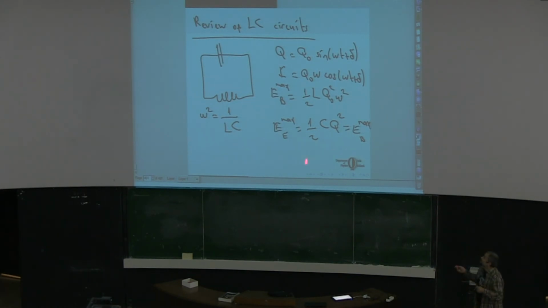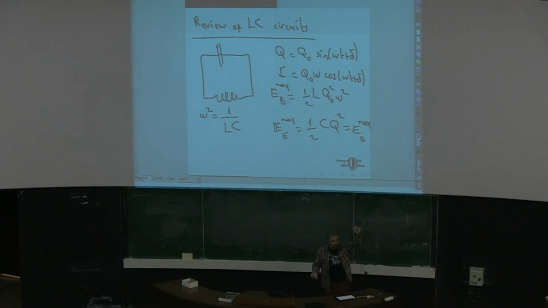The energy just goes from the capacitor to the magnetic field, and then from the magnetic field to the capacitor, just like in a pendulum. If you remember the mechanics course, if this is our pendulum, here it has maximum potential energy, zero kinetic energy, and here zero potential energy, maximum kinetic energy, and the energy just exchanges between the kinetic and the potential energies.